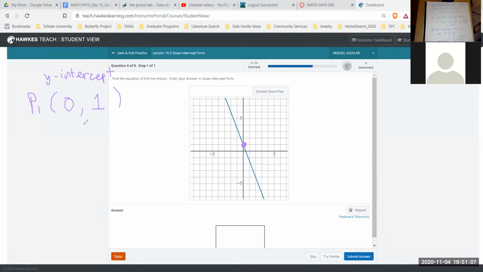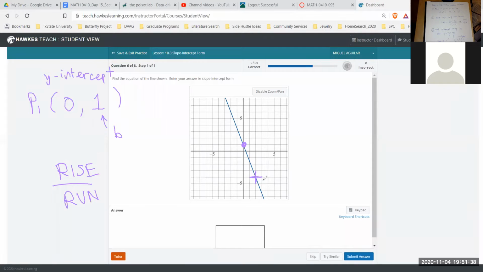Again, that means that this is going to be our b. And then our slope is supposed to be rise over run. So what I could do is pick some other point, right? Like this point right here looks really good, because it's passing right through one of these vertical lines and one of these horizontal lines, right?